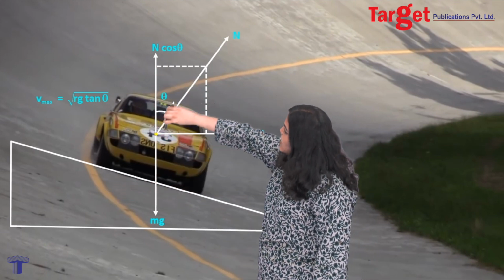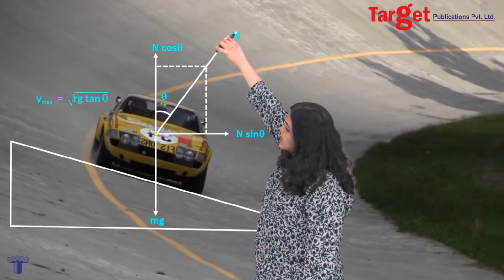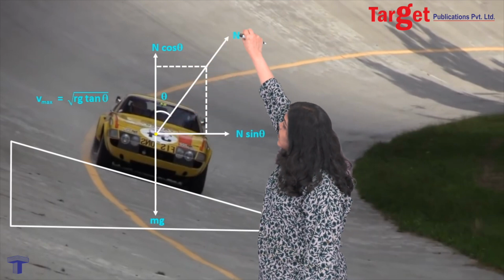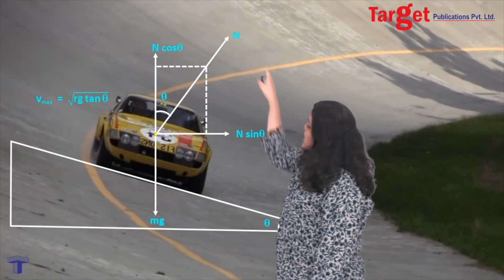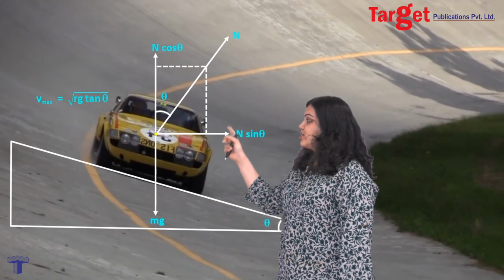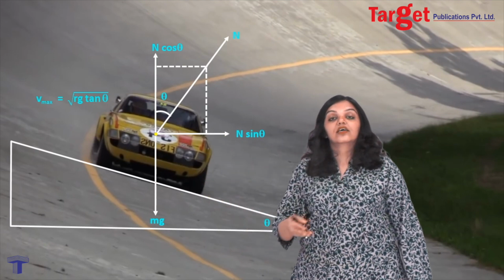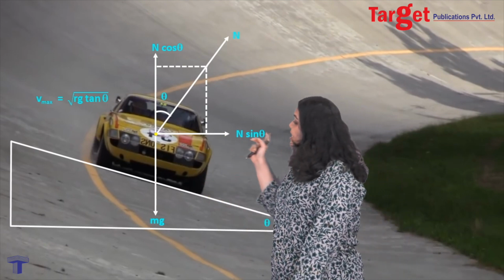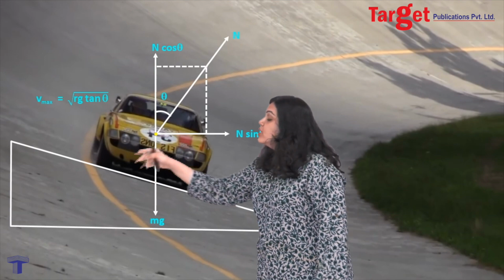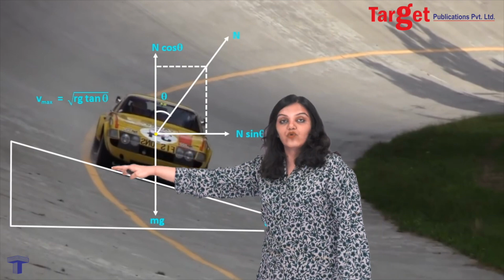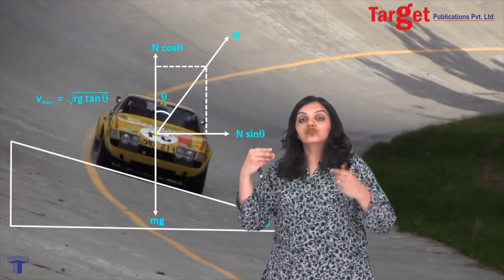The normal reaction is at an angle. And what happens when the normal reaction is at an angle? There will be a component of this normal reaction along the horizontal axis. And this component will help you to prevent skidding in your car. So this extra component is now added to your horizontal direction forces, and this component helps to not skid.